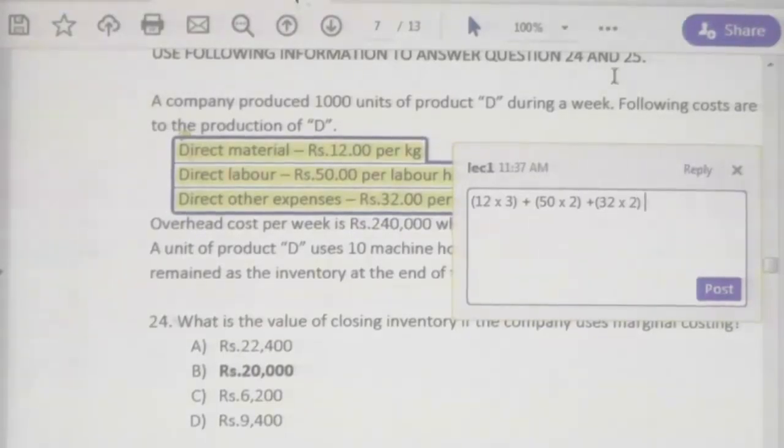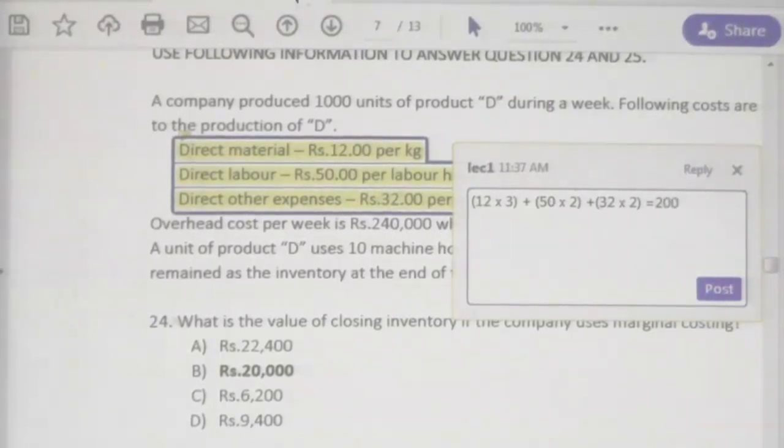Now let's take the total. Total marginal cost is 36 plus 100 plus 64, that is 200. You have the total of 200, right?